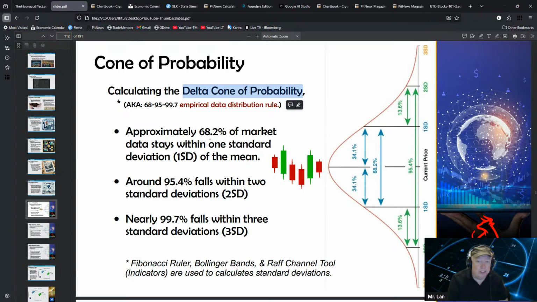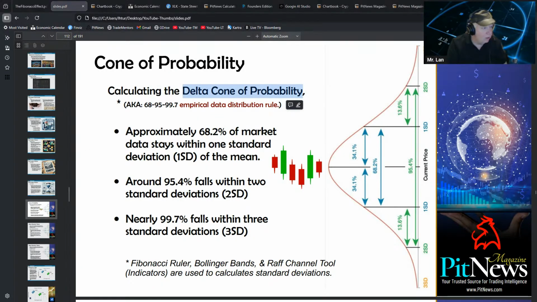So approximately 68.2% of the time, market data stays within one standard deviation of the mean. So if you look at the delta cone of probability, one standard deviation is right here. See this little one standard right here? So if you were to draw a box around it, that would be your one standard deviation.